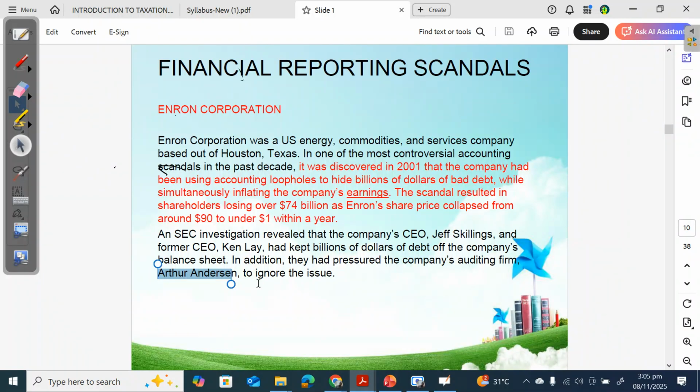They pressured them not to report those findings. So now this audit firm collapsed. They took their license. The business also collapsed.